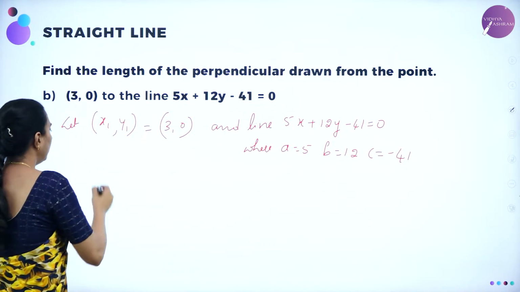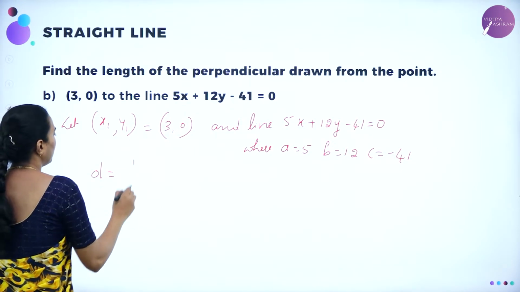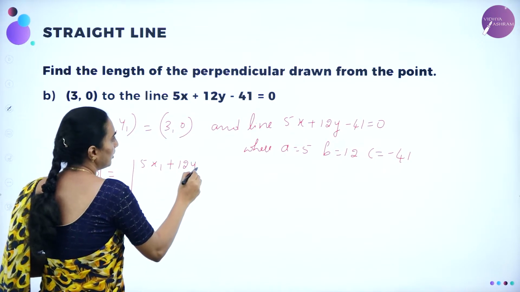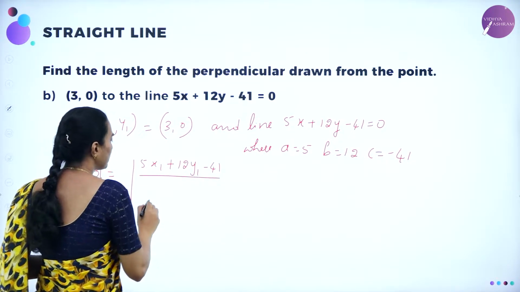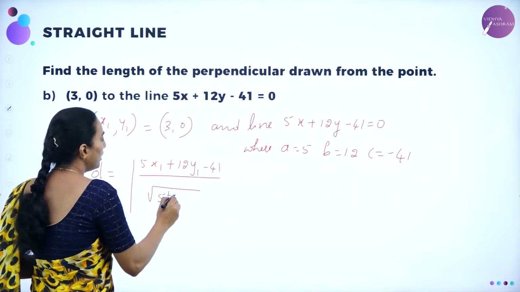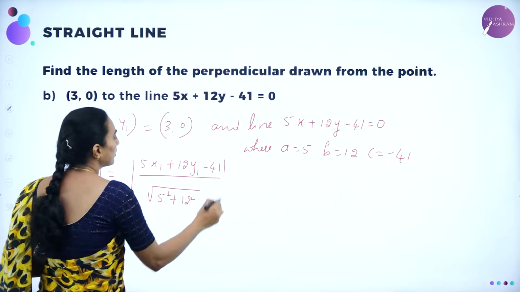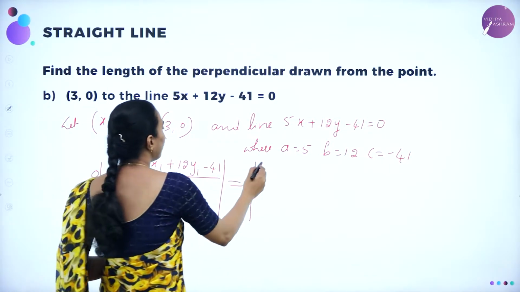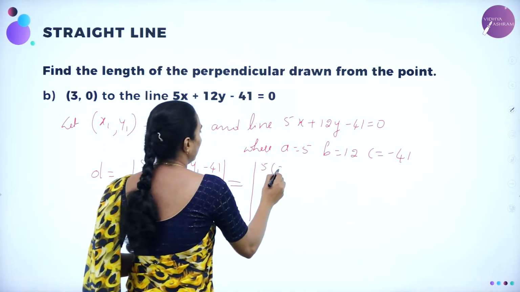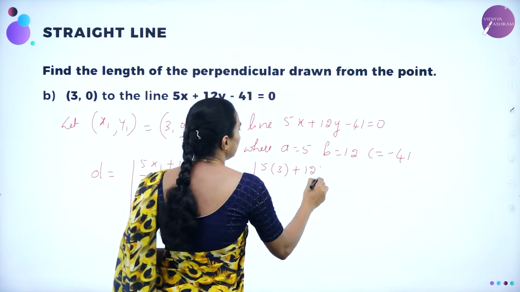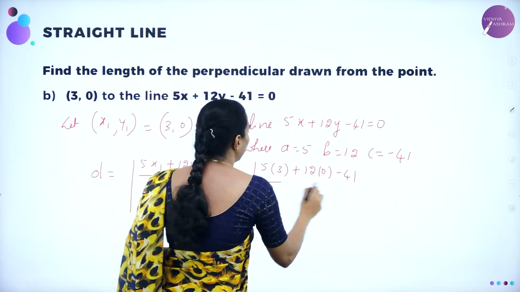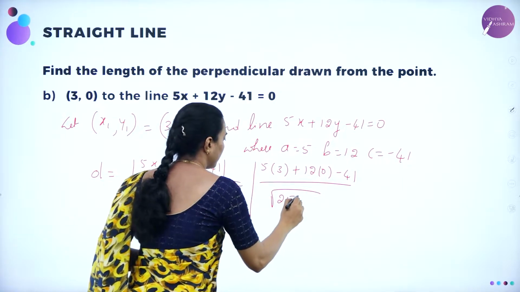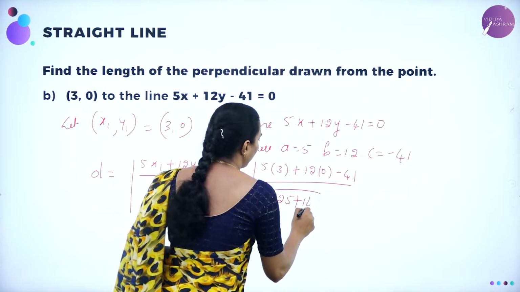Now by the formula, the distance will be equal to modulus of 5x1 plus 12y1 minus 41 divided by square root of a squared, which is 5 squared, plus b squared, which is 12 squared. You can substitute the x1, y1 values: 5 into x1 which is 3, plus 12 into y1 which is 0, minus 41, divided by square root of 5 squared, which is 25, plus 12 squared, which is 144.